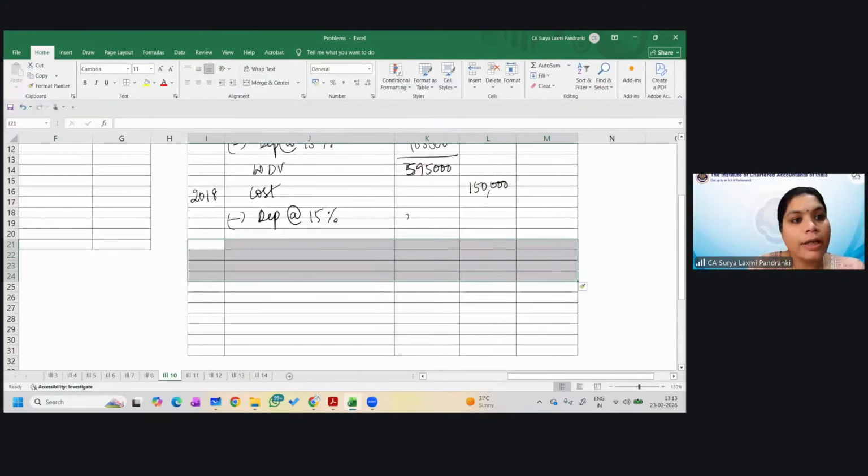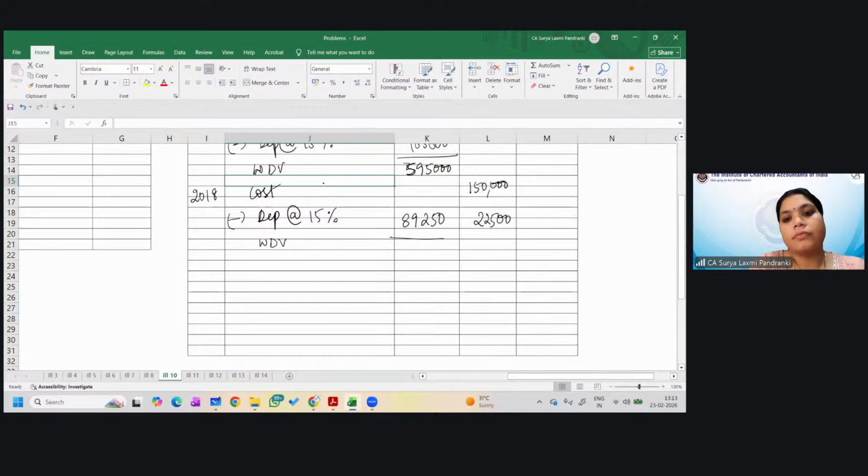First machine is 89,250. Second machine is 22,500. And the WDV? 5,05,750 and 1,27,500. Okay, got it.